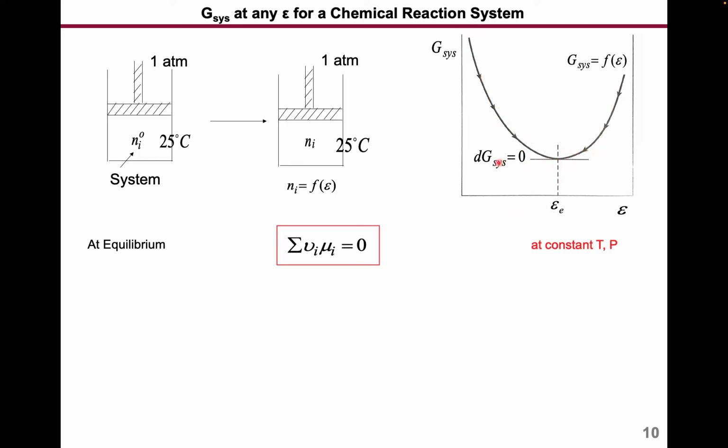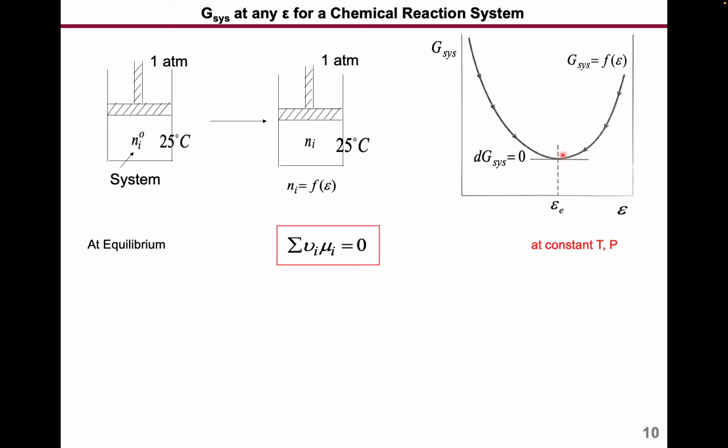But for now, just know that as your reaction goes on, with Gibbs free energy on the y-axis and reaction coordinate on the x-axis, same system as the previous, your Gibbs free energy initially will decrease to a minimum point, and then start to rise again. So this minimized Gibbs free energy state is your equilibrium state, okay?